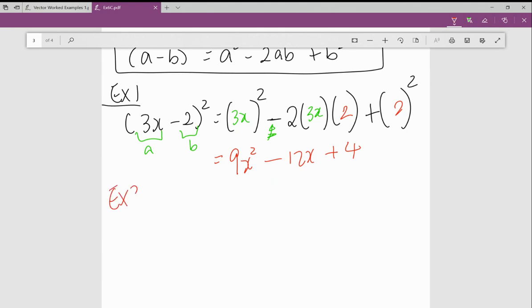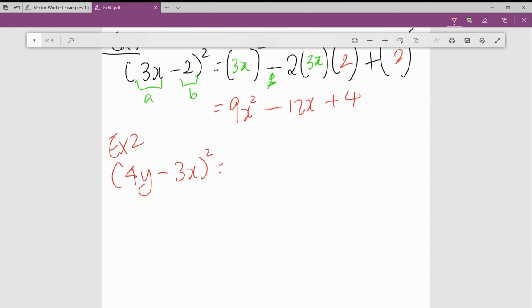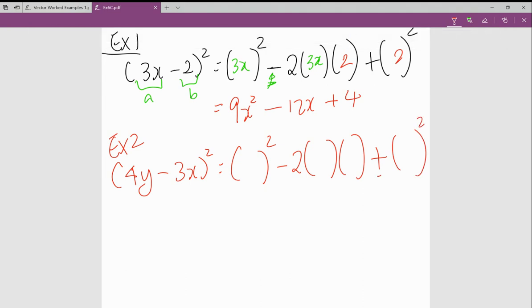Let's try example 2. Example 2 is, for example, 4y minus 3x squared. Whenever you see the square, it is the same: a squared minus, because you see a minus, we need to put a minus 2ab plus b squared. This is always positive. The minus only applies to the second term.